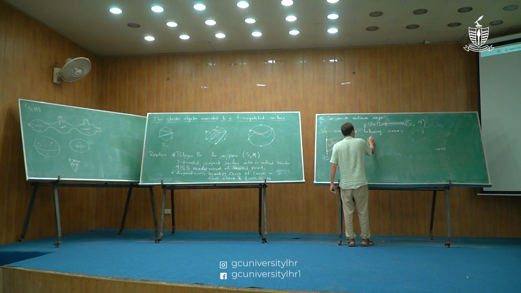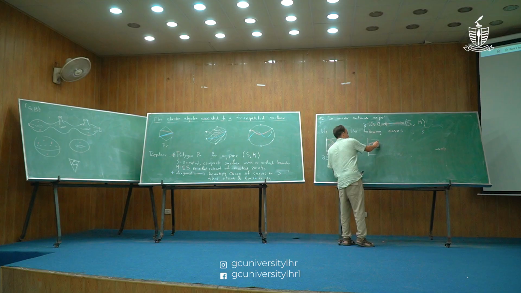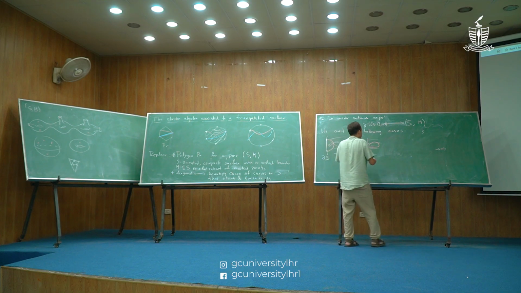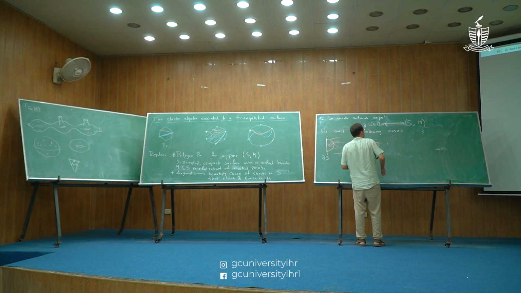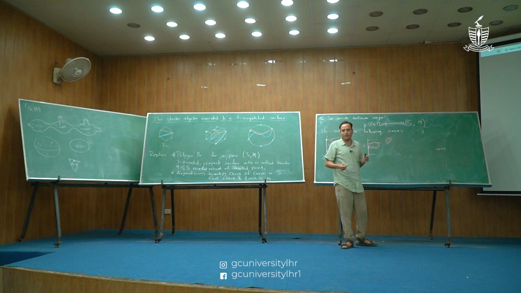If this is my surface and this is the boundary, I don't want it to be contractible. This is bad because this contracts to a point and then I'm not triangulating anything. And also if I have an interior point, I don't want it to be contractible. Let's say this is empty, this is contractible, right?